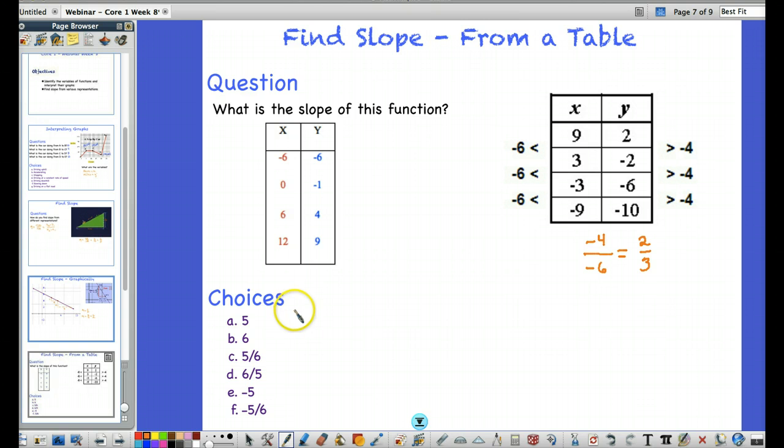Well, it has to be A, B, C, D, or E, or F. Are you choosing B, Dustin? You're thinking B? Janae, what are you thinking? Which letter?